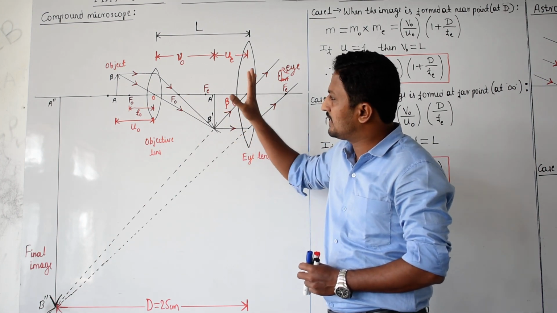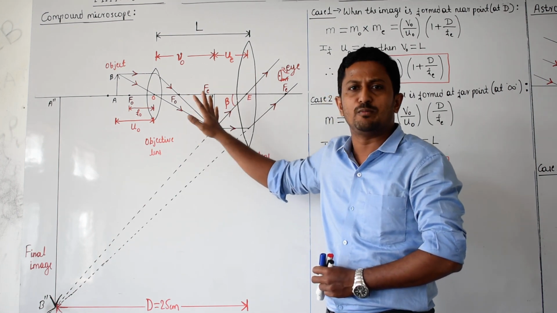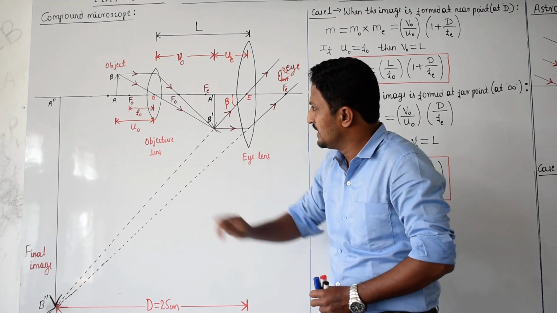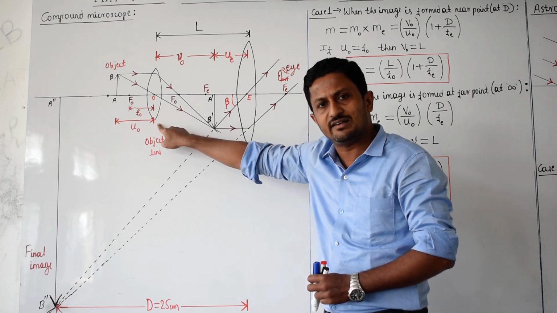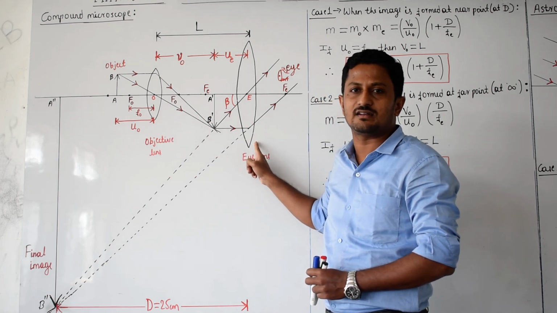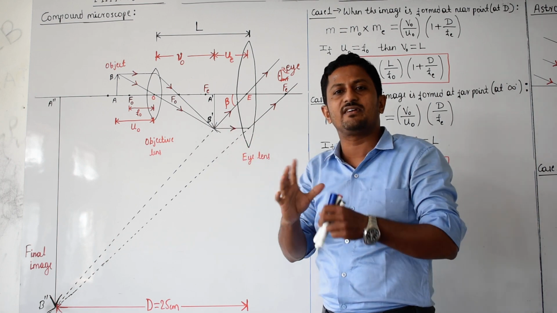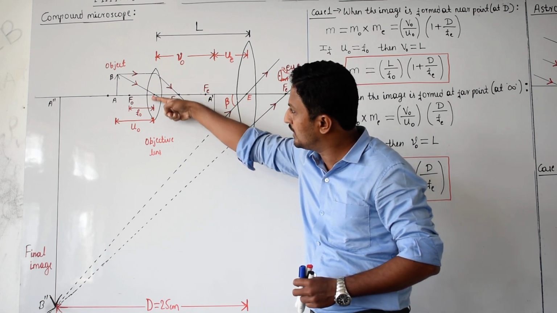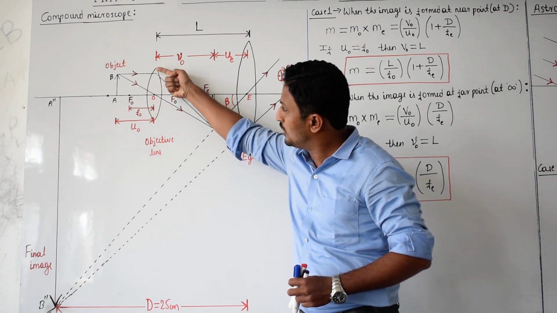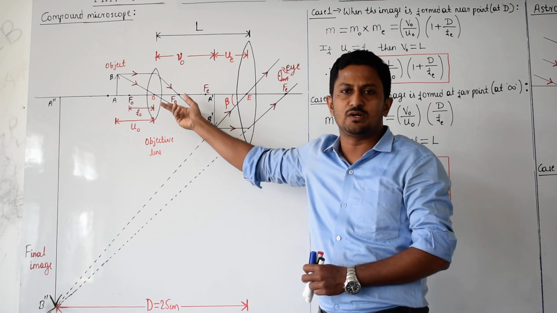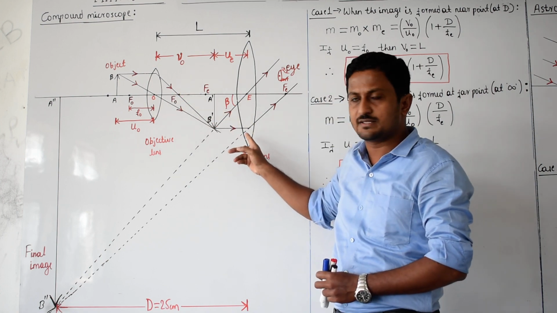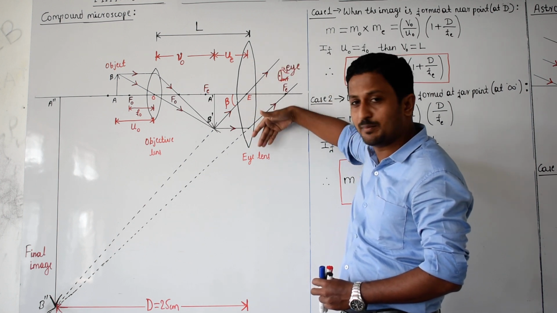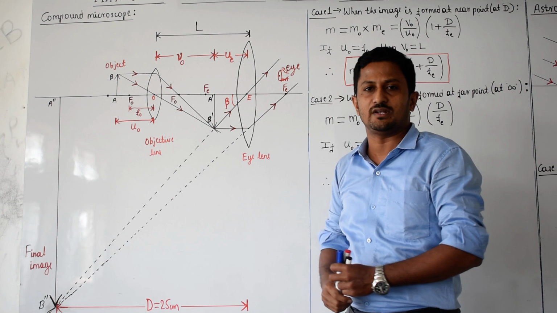Here, this compound microscope has two biconvex lenses. Here there is one lens and here there is another lens. They are different in their size. This one has a small aperture and small focal length, and this one has a greater aperture and greater focal length.